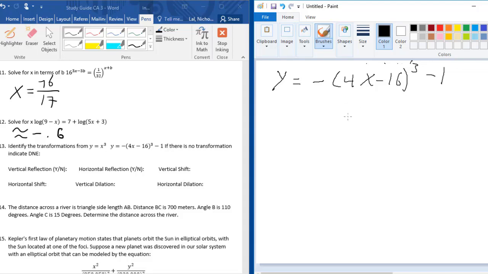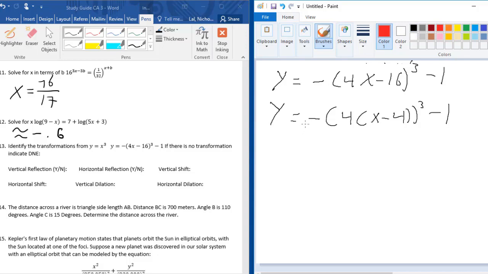It's easier just to factor things out and indicate the transformations. So y is equal to negative, but now we have to factor out the coefficient for the x. Every time you always factor out the coefficient of x. So if I factor out a 4, I'm going to have x minus 4, cubed minus 1. And now I indicate my transformations.